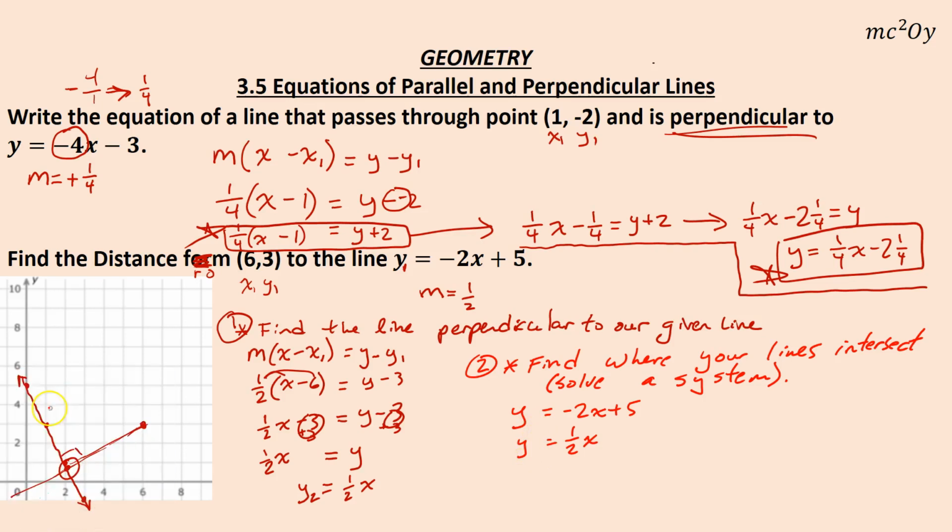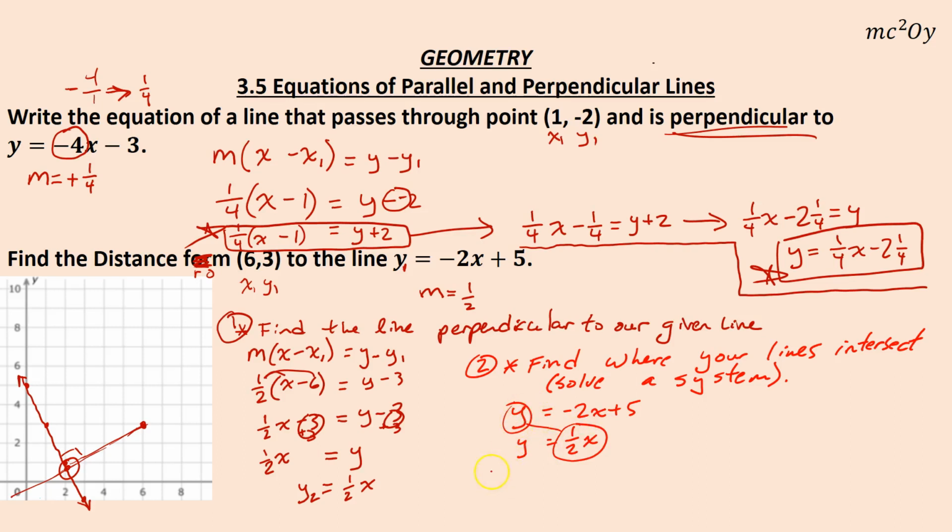So if you recall from solving systems, you can use substitution or elimination or graphing. Well, graphing isn't working well for us right now, but I could use some substitution here. I'll show you how you could use graphing here in a minute. I'm kind of playing coy on that, but I'm going to go ahead and use substitution here. I'm going to plug that in for y, since they both equal y.